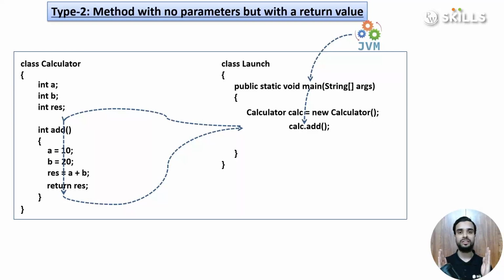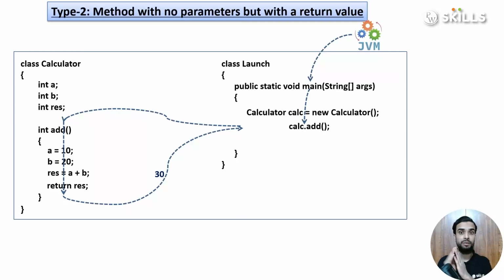And the difference this time, my friends, is that it is not only the control that is coming back from the add method. Along with the control, we are also returning an integer value here, which happens to be the value of the variable res. In this case, it should definitely be 30 like this. That is why it is my responsibility as the developer of the main method to receive this value. Whenever I want to receive a value, obviously I have to prepare a variable.